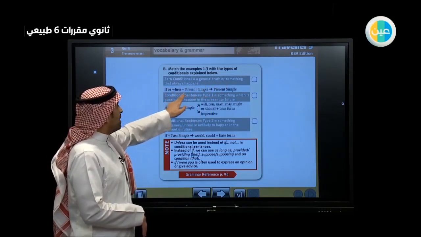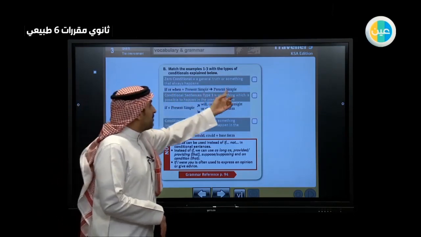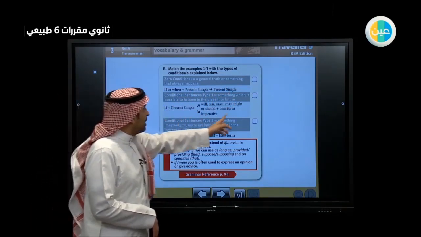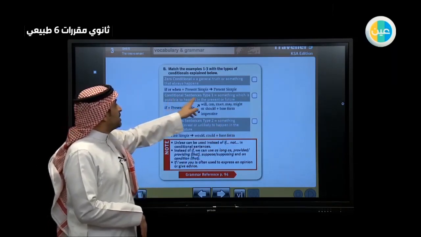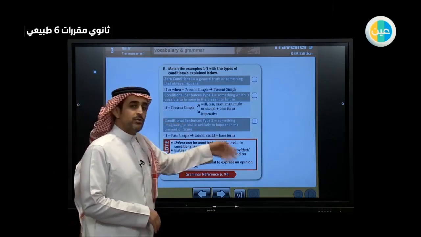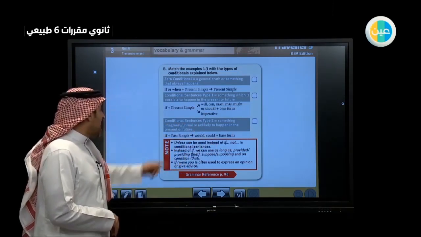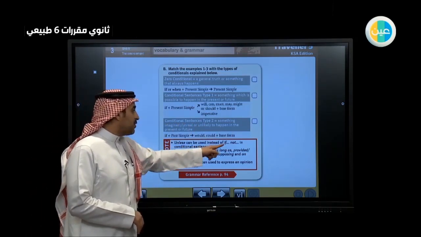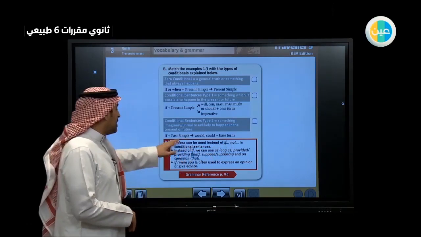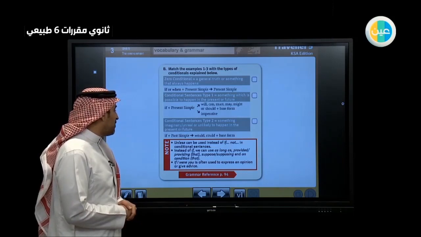If or when with the present simple, we find the present simple in the main clause. And also here with the modal, that's conditional type 1, and also conditional type 2, which is used in the past. Unless can be used instead of if and not. If you use if and not, you can use unless instead of them.